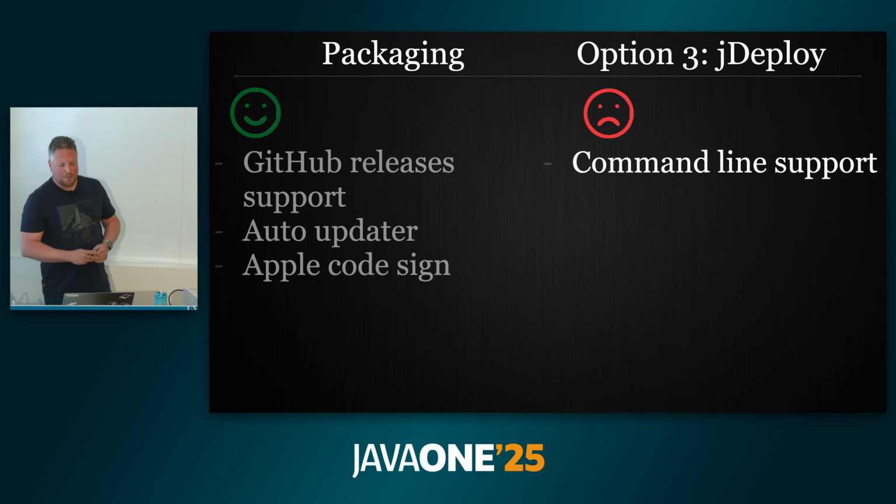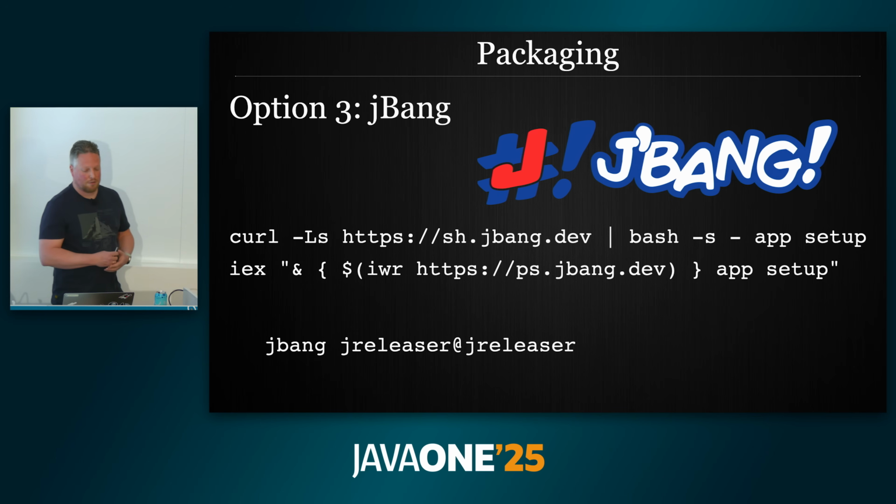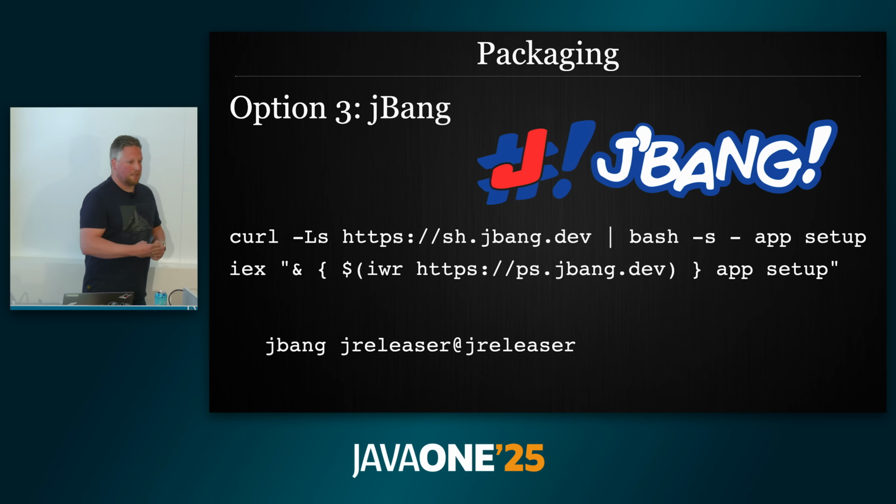Speaking of command line applications, I think JBang needs a shout out here. JBang is a command line tool that you can install with a single line in either Bash or PowerShell, for example. And then you can use, in this case, JBang JReleaser to download JReleaser, including all the necessary packages in order to run that application.